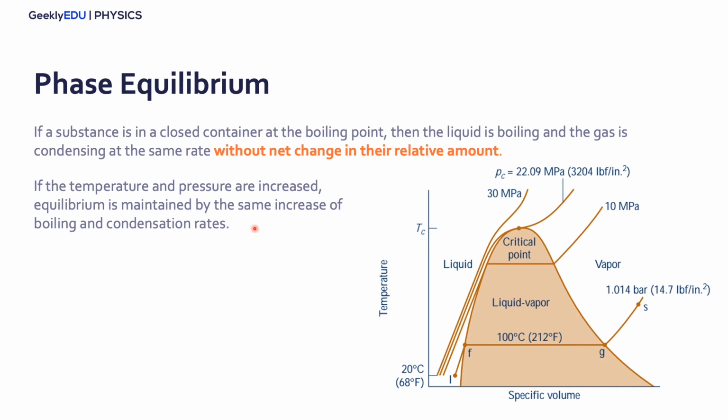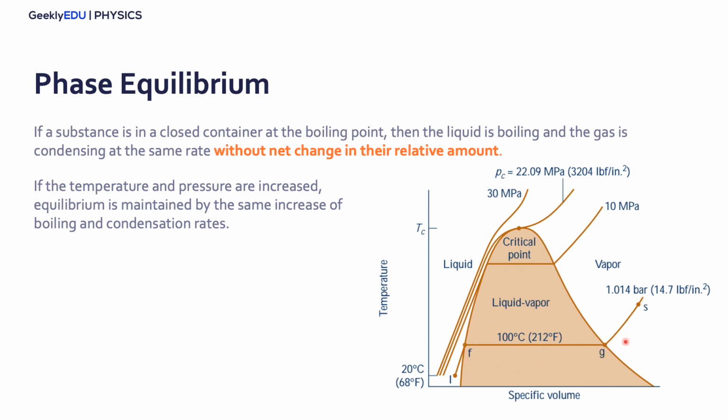So take a look into this diagram here. Again, now we have temperature and specific volume, and these are lines of constant pressure. This is a TV diagram. So it means that, for example, we are in this region here where we have the boiling point, so it's 100 degrees Celsius at 1 atmosphere.